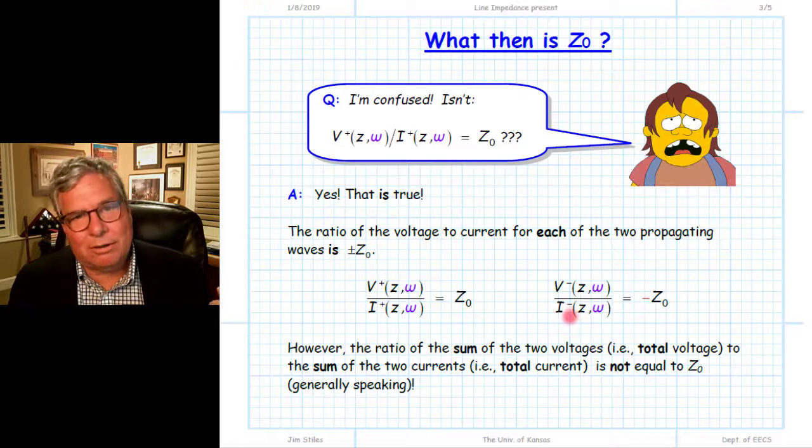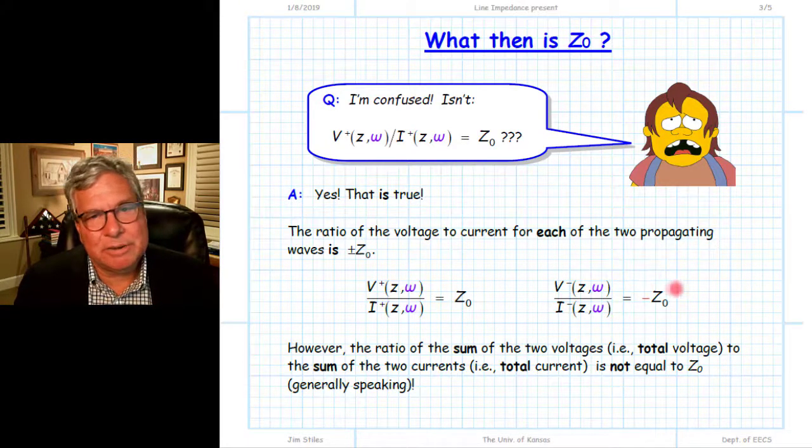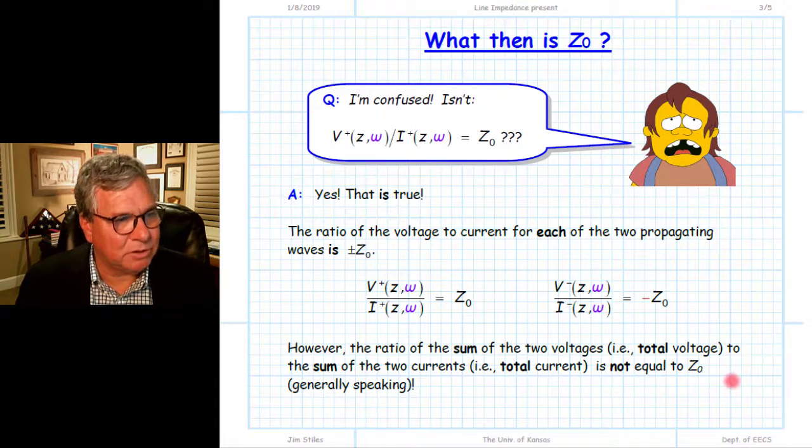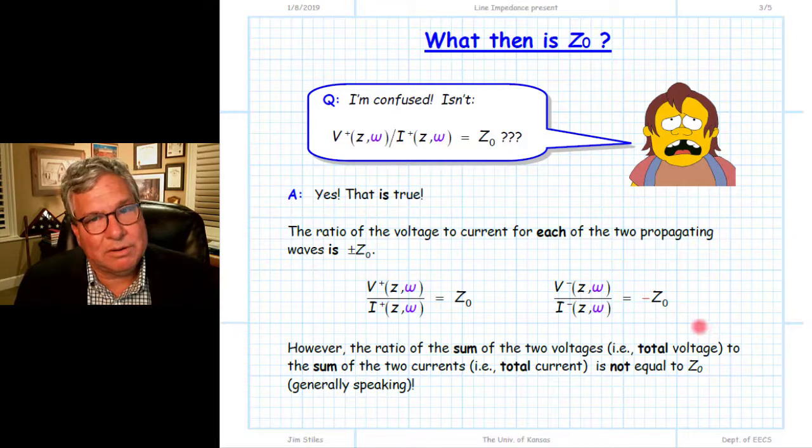And there's no law of algebra that would conclude that somehow this would still be equal to Z0. So again, this is true and this is true. But then if I say the total voltage divided by total current, it is completely incorrect to say it's equal to Z0 or minus Z0.